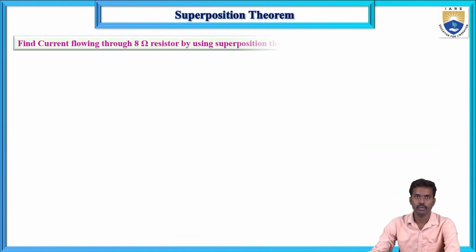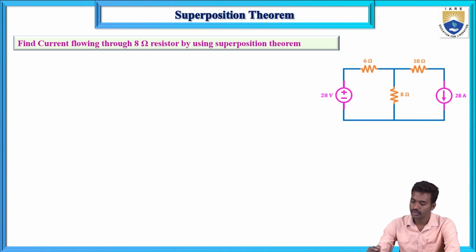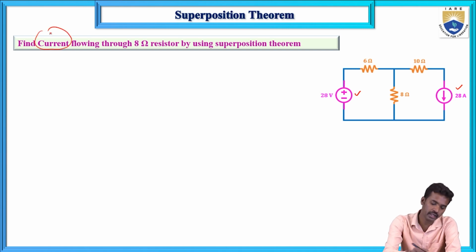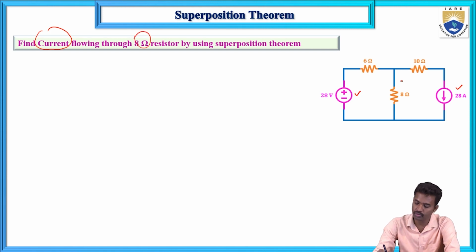Now the second problem: current flowing through the 8 ohms resistor using the superposition theorem. Here we have a 28 volt voltage source and a 28 amp current source, so we can apply superposition theorem. The response is a current through the 8 ohms resistor, so you need to calculate I8.